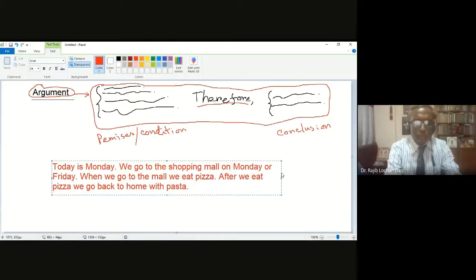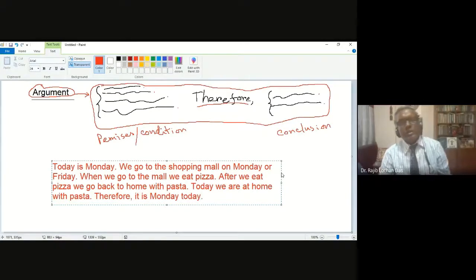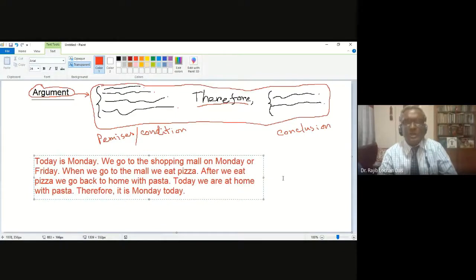So today we are at home with pasta. Therefore, it is Monday today. So what do you think? This is the example argument I have just made.